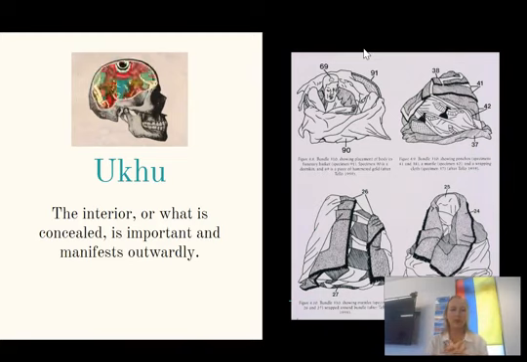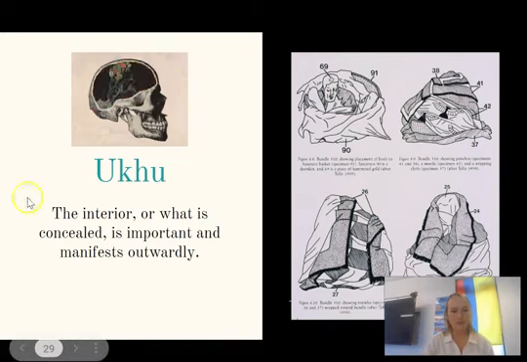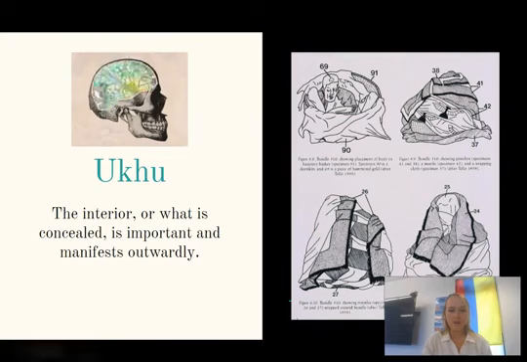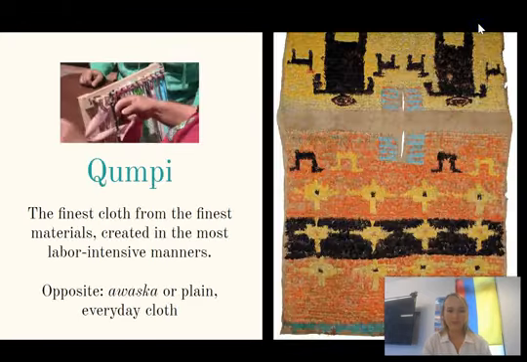We also see this concept in the interior mind space of trances as well. So this interior, or what is concealed, is important and manifests outwardly. So we see this concept illustrated here of ukhu.